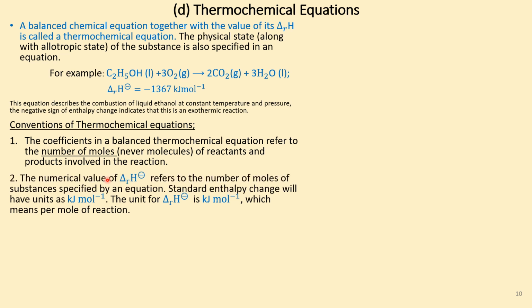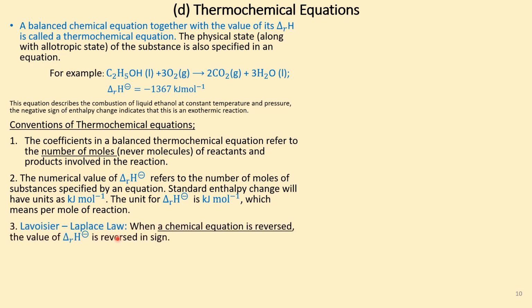Point number 2: the numerical value of delta rH° refers to the number of moles of substance specified by the equation. The standard enthalpy change has the unit kilojoules per mole, which means per mole of reaction.